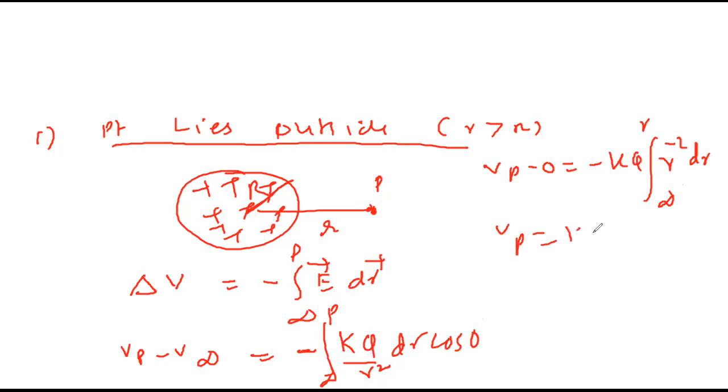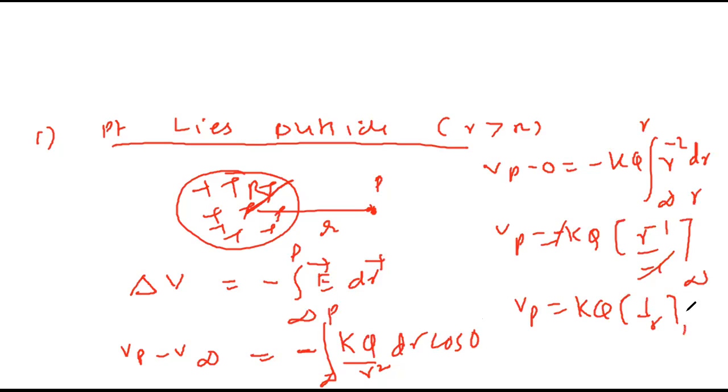So Vp is minus kq times r raised to minus 1 upon minus 1, from infinity to r. Therefore Vp is kq into 1 by r, from infinity to r. So Vp is kq times 1 by r minus 1 upon infinity. Therefore Vp is kq by r.